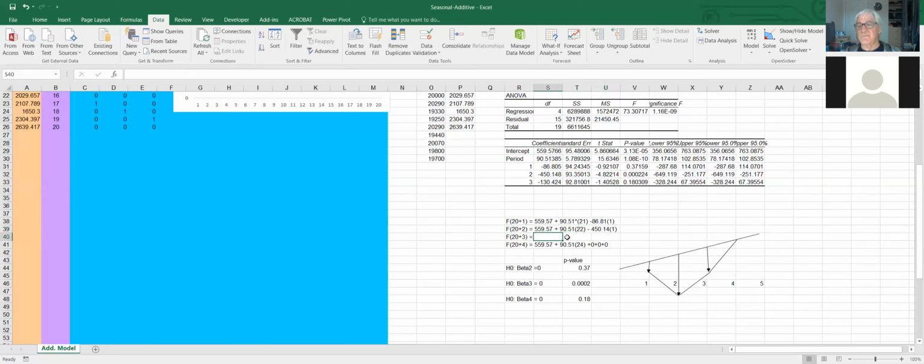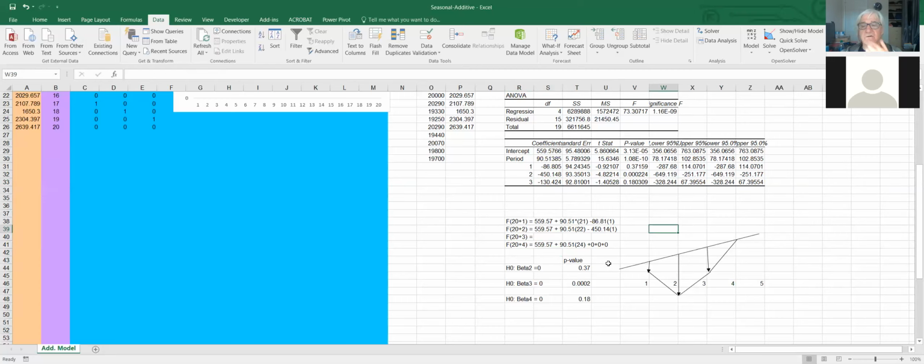I skipped this one because it will be negative 130, and it's just the same as before. But take a look at season number 4. So now 559 plus 90.51 times 24 plus 0, plus 0, plus 0. Why? Because all the dummy variables in season number 4 are equal to 0.